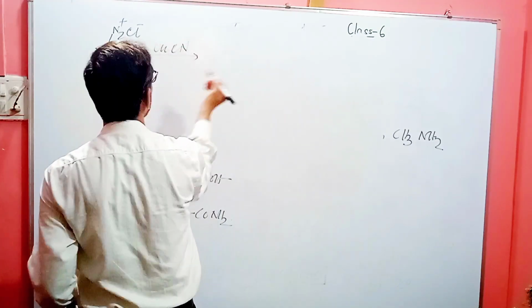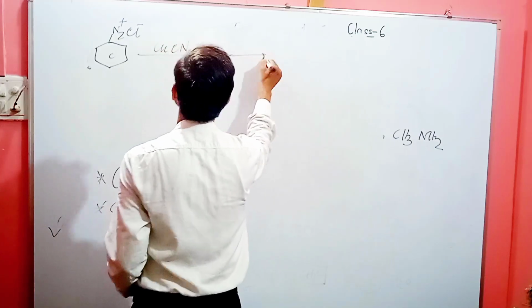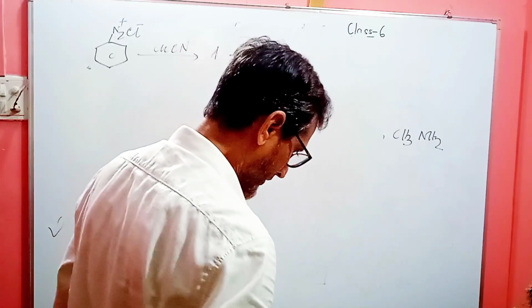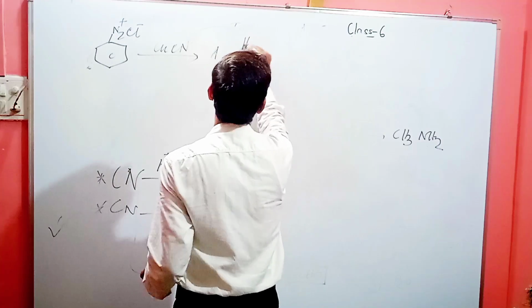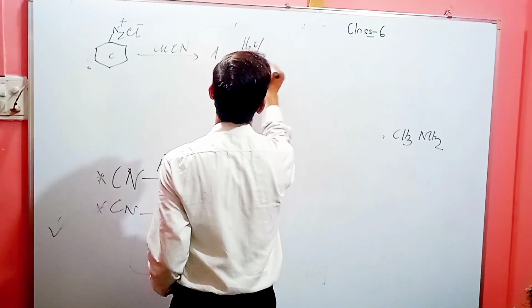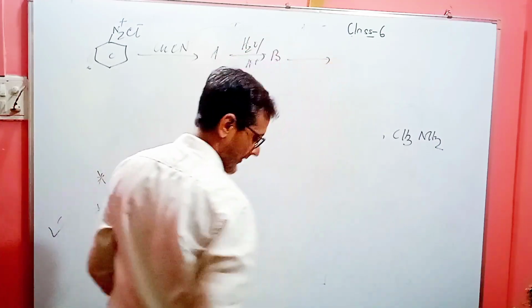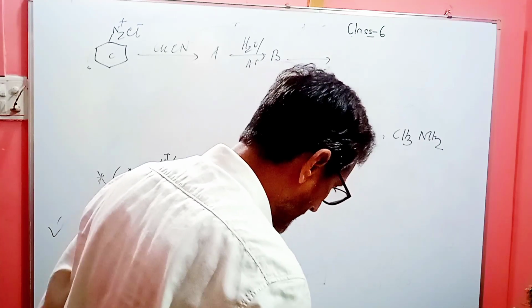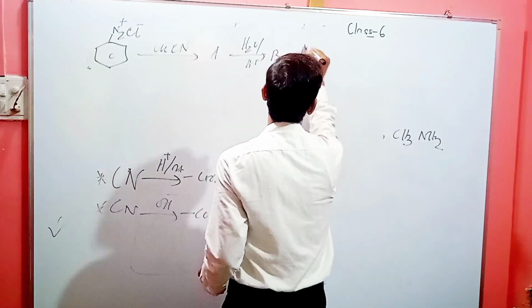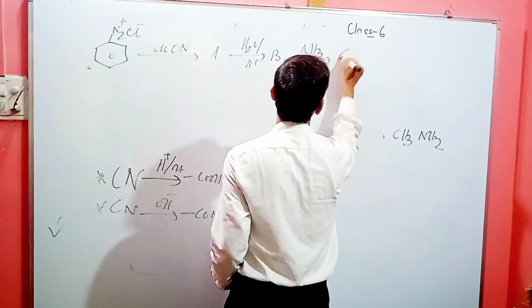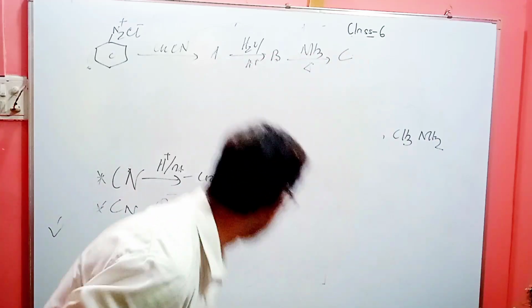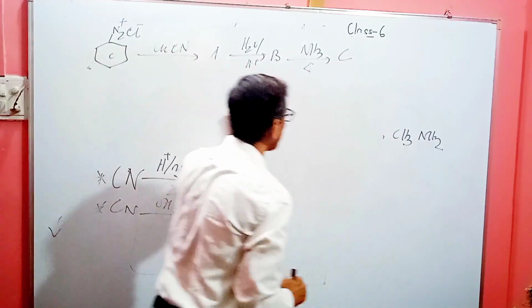We have done it earlier. I will apply this, and on acid hydrolysis it gives B, and next on ammonia and heat it gives this. Just follow, very simple one.